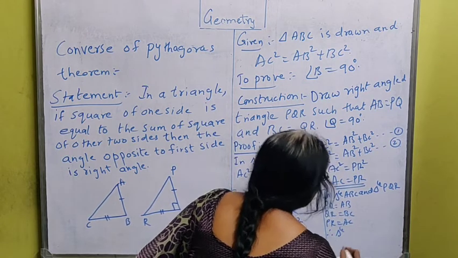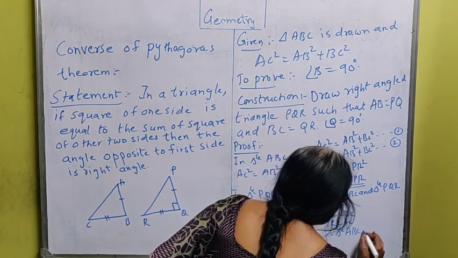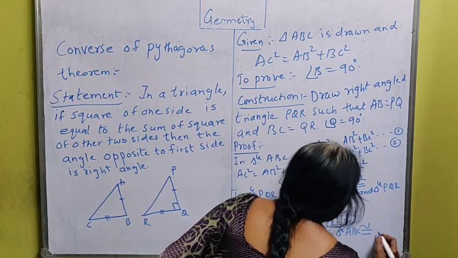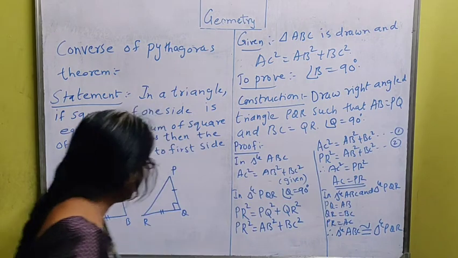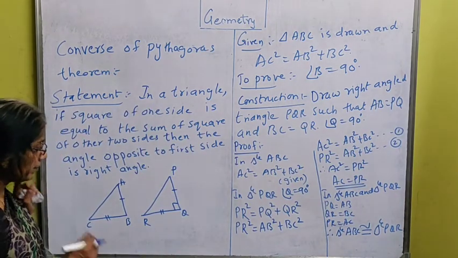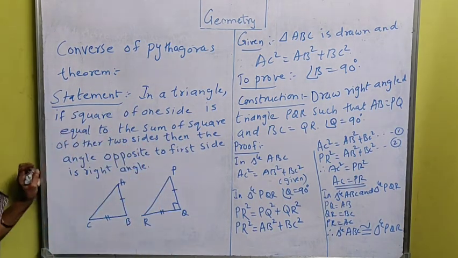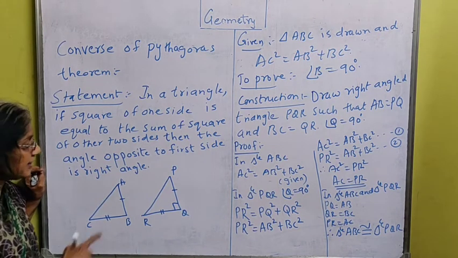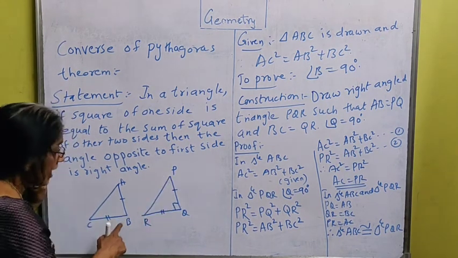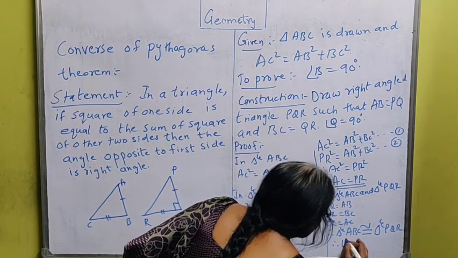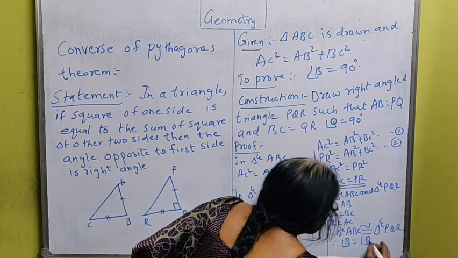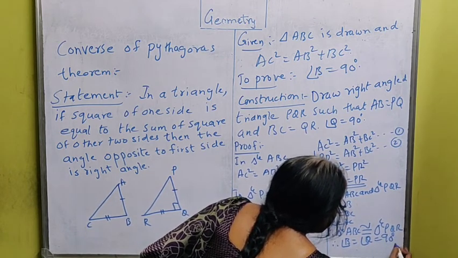Therefore, triangle ABC is congruent to triangle PQR. That means if they are congruent, the angles are also equal: angle A is equal to angle P, angle B is equal to angle Q. So therefore, angle B is equal to angle Q, which is 90 degrees.